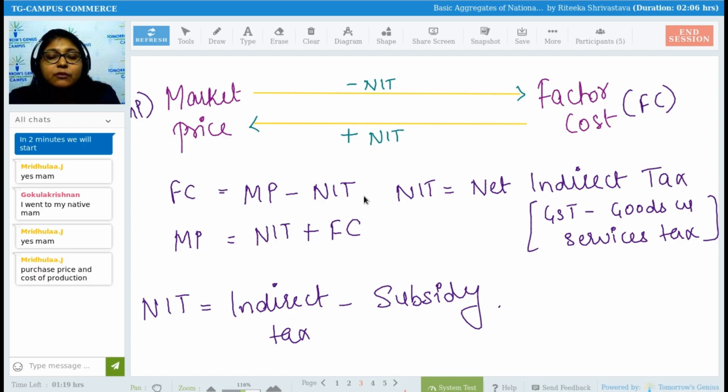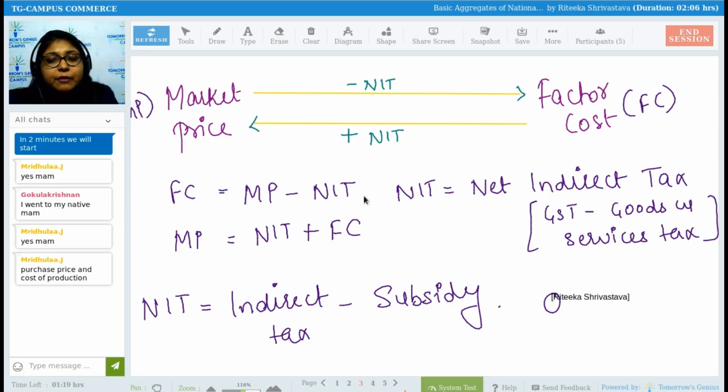So if in the question NIT is not given but GST is given, then you have to consider GST as NIT. If NIT is not given directly in the question, then they will give you two things, indirect tax and subsidy. In that case, you have to subtract subsidy from indirect tax. At times there is also a possibility that they will give you indirect tax and not subsidy.